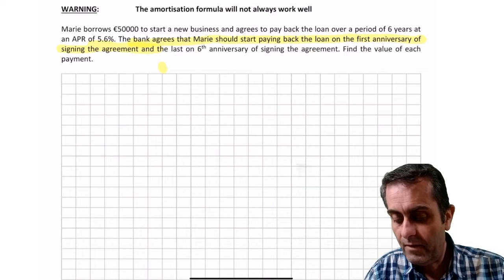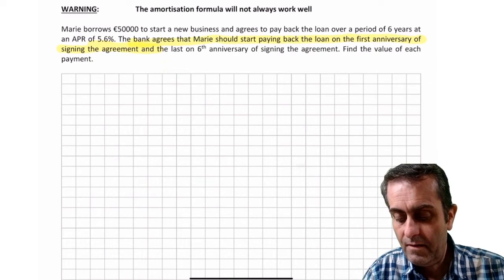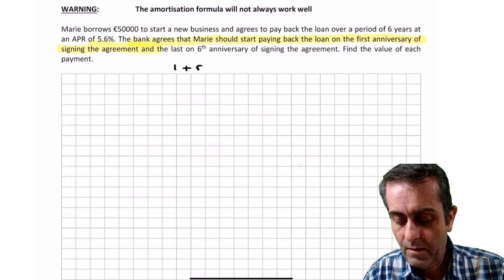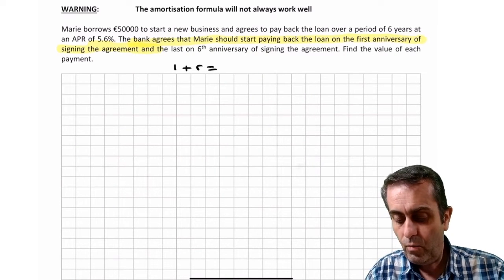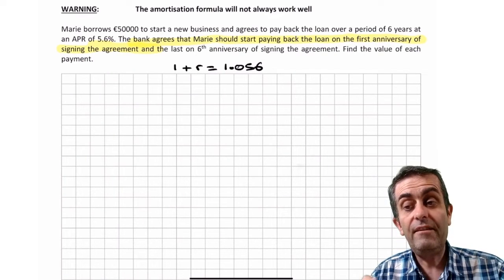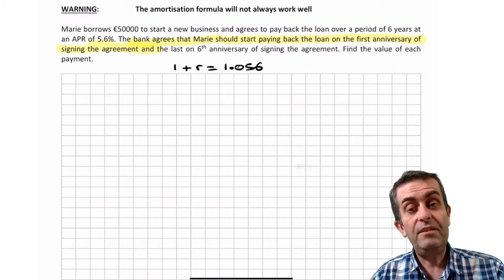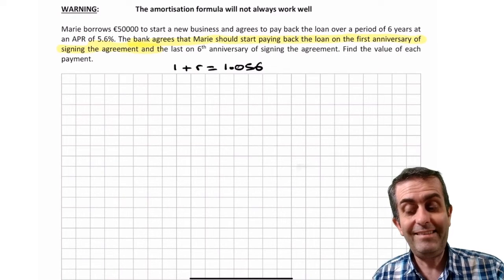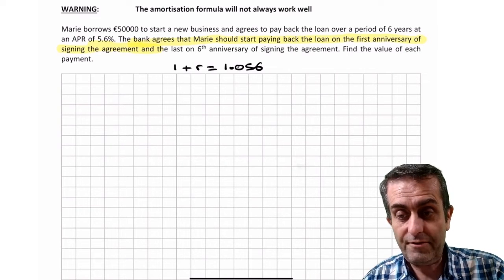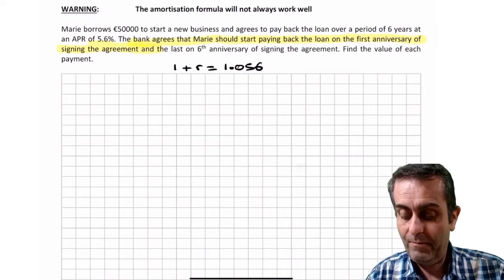So 1 plus little r is going to be 1.056. So we take the 5.6%, we divide it by 100, and then we add 1. 5.6 divided by 100 is 0.056, and then add 1, that gives us 1.056.